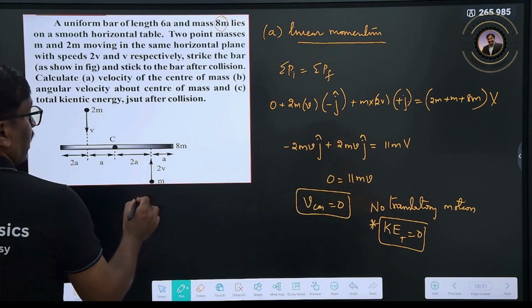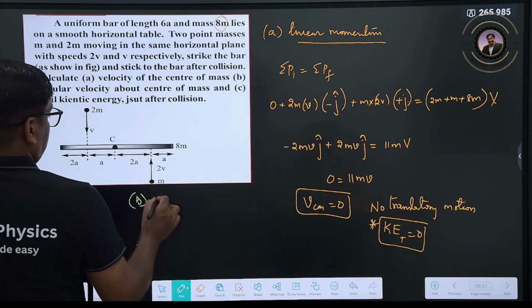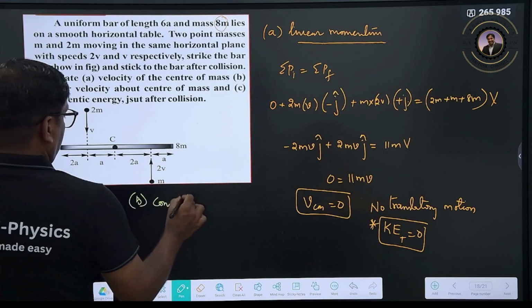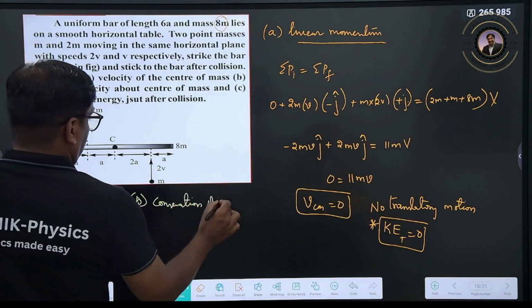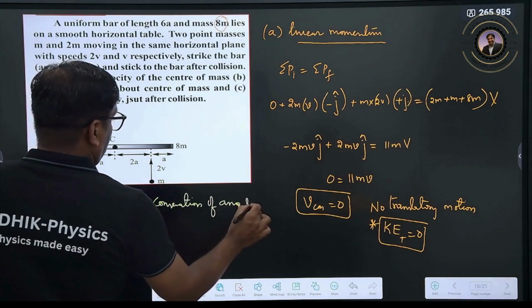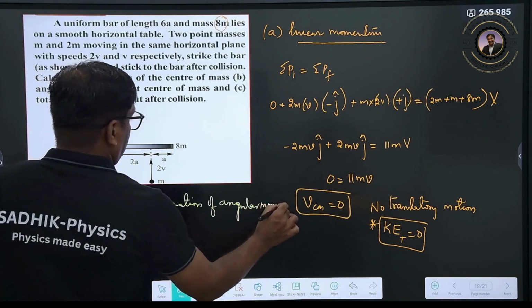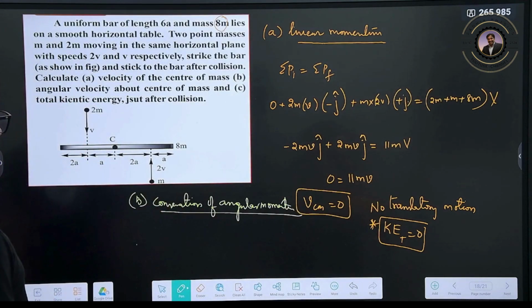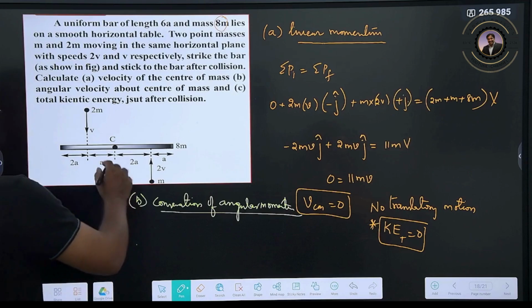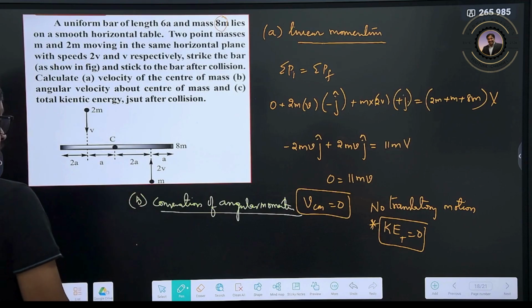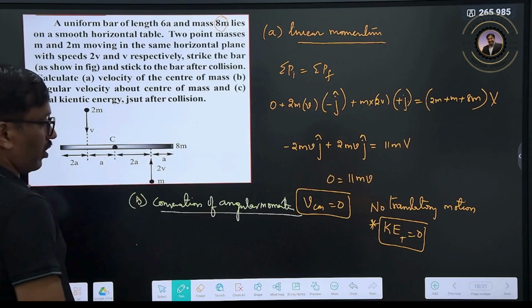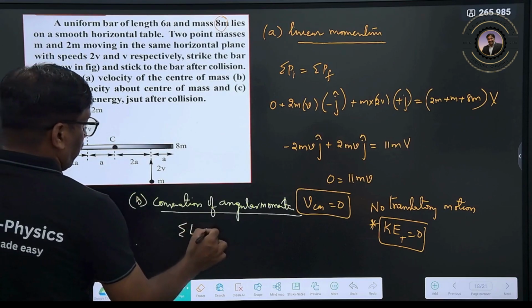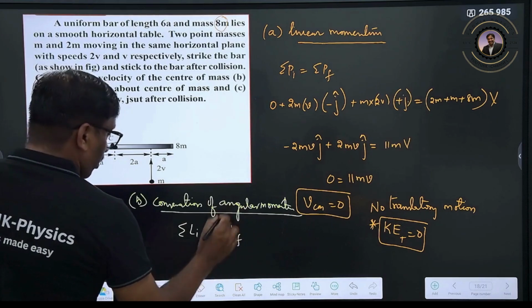So the second one is conservation of angular momentum, clear? Conservation of angular momentum. So what will angular momentum do here? Initially this was not rotating: total initial angular momentum, total final angular momentum.